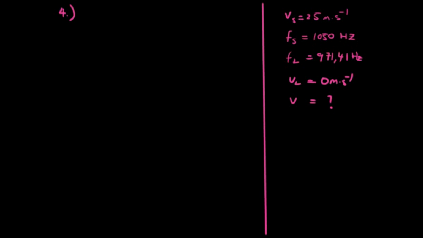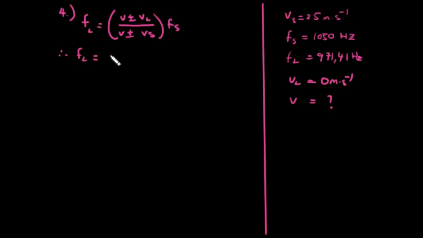Alright, so the Doppler effect formula, as we know, is given by FL is equal to V plus minus VL all over V plus minus VS, times Fs. So this is how the formula is going to look based on the scenario they've given us.